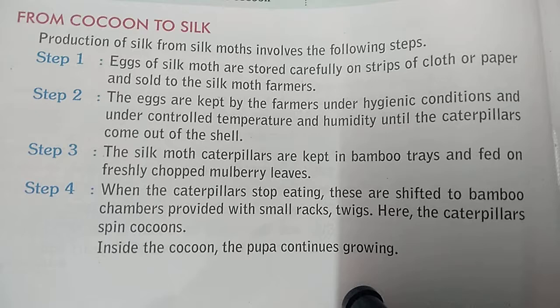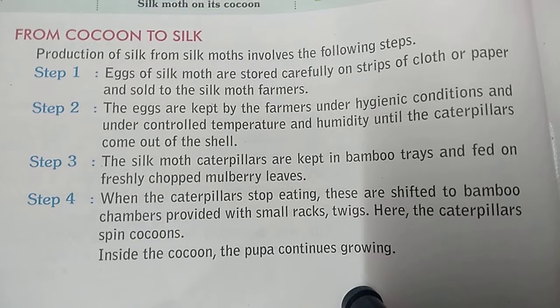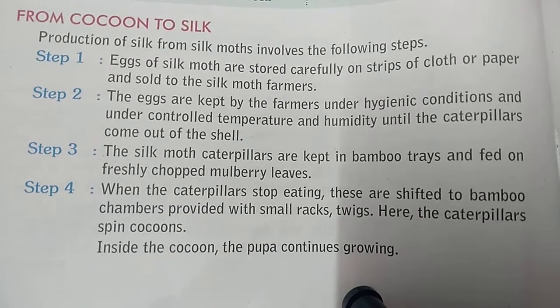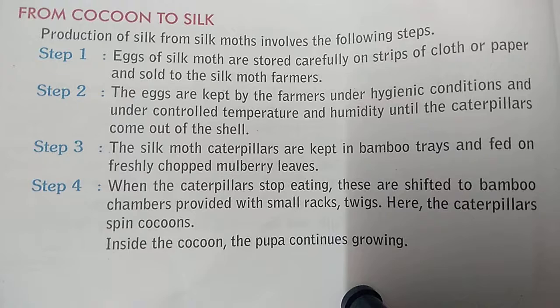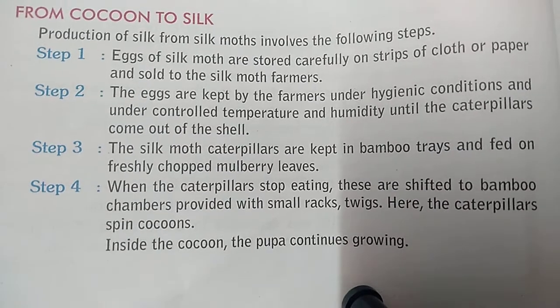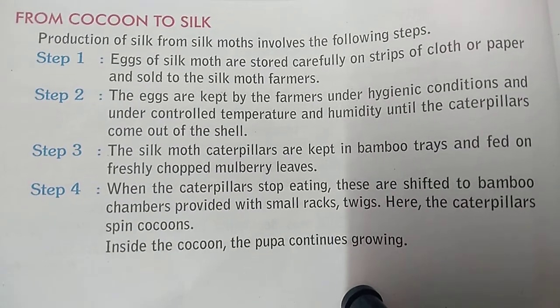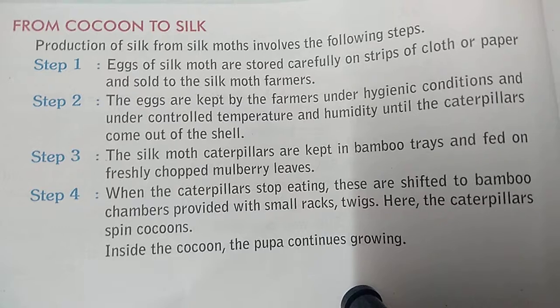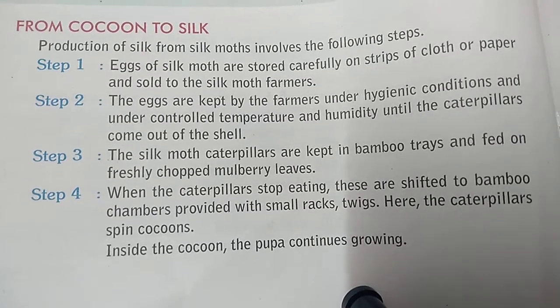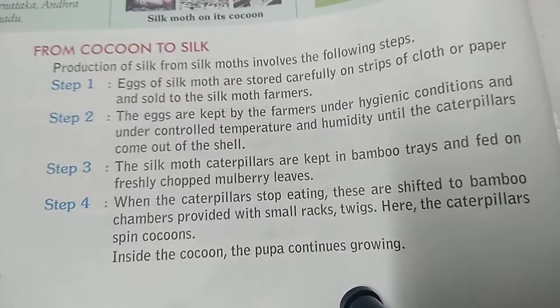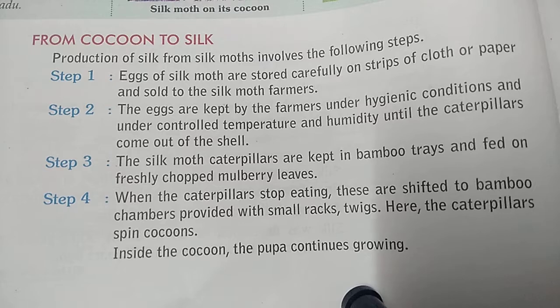These farmers keep the eggs carefully under hygienic conditions and controlled temperature and humidity, so the eggs will hatch and caterpillars will come out. These caterpillars are kept in bamboo trays and fed on fresh chopped mulberry leaves.